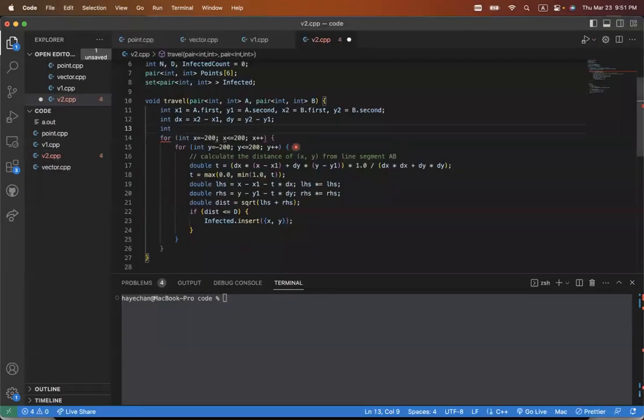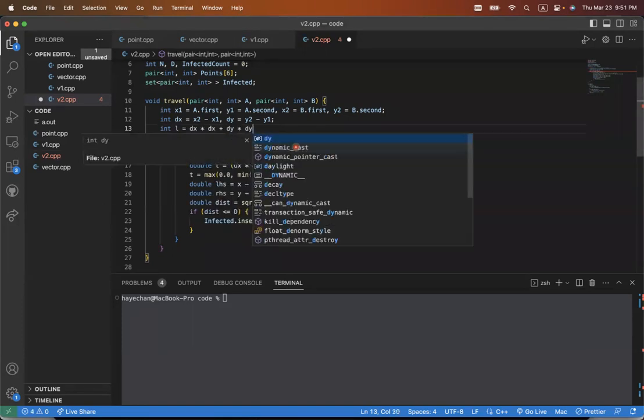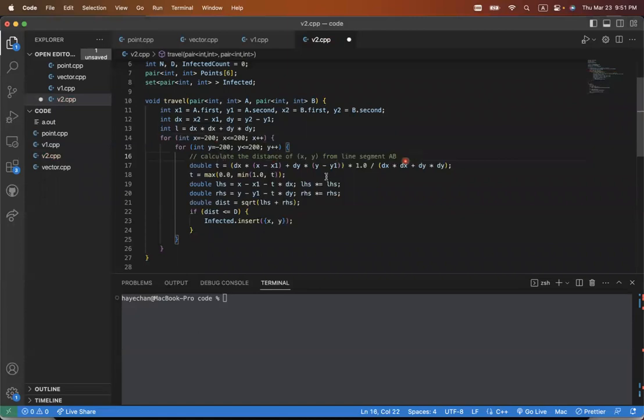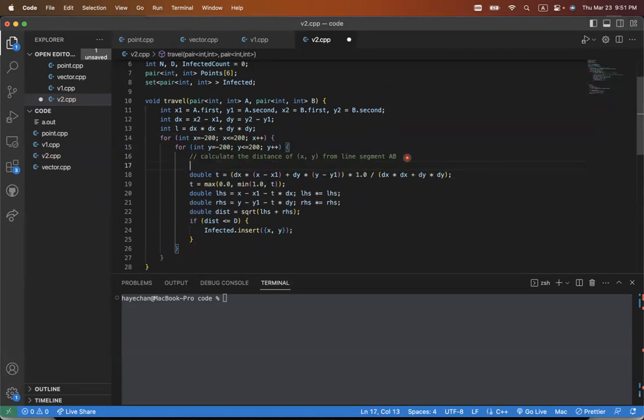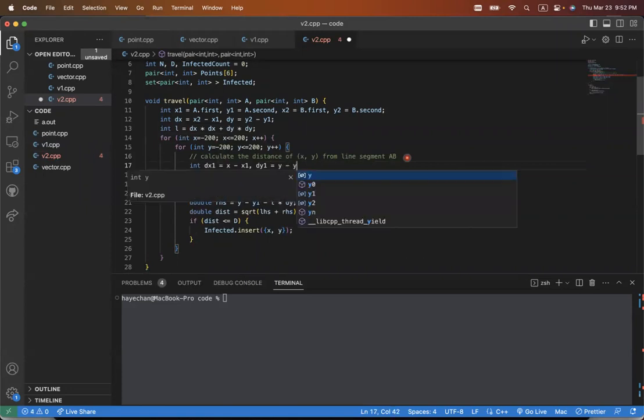Okay, so L is dx times dx plus dy times dy. And here, instead of calculating t, you would calculate t prime. But before t prime, for convenience, you would do dx1 being x minus x1, and then dy1 being y minus y1.